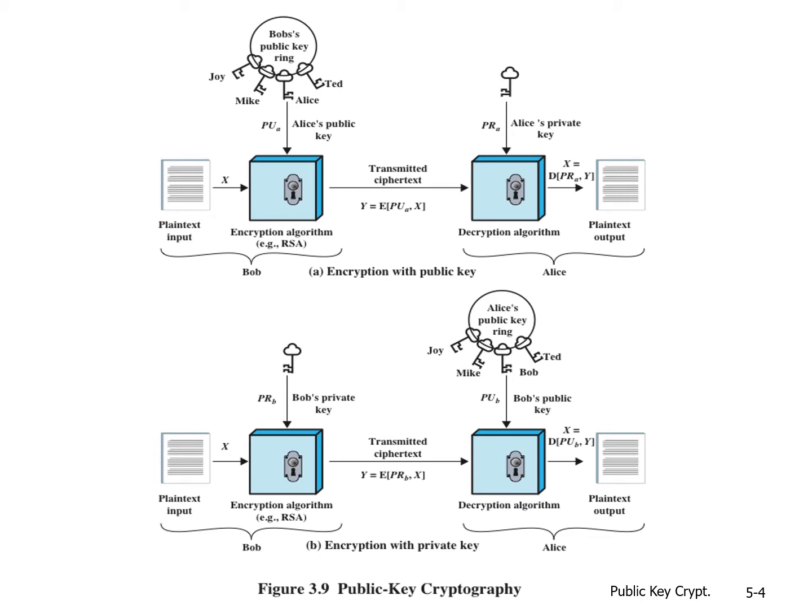Let's see the encryption with the public key. Bob wants to send this plain text to Alice. Then Bob has the ring which contains other persons' public keys.